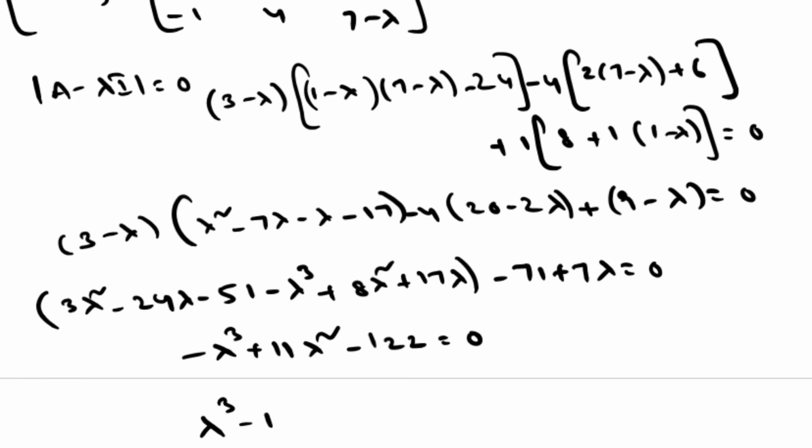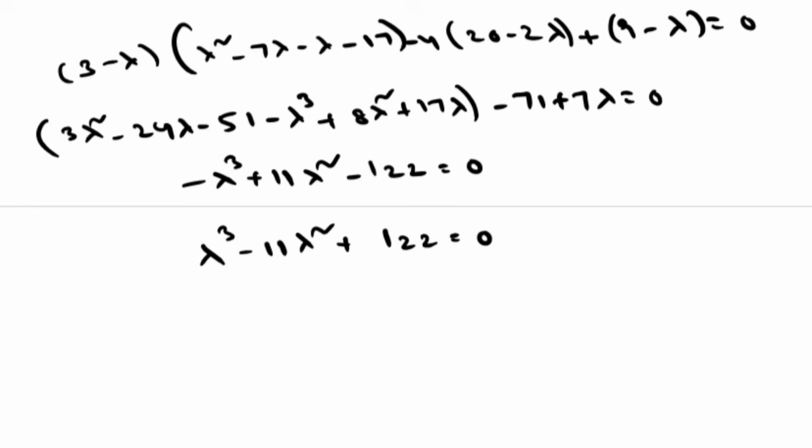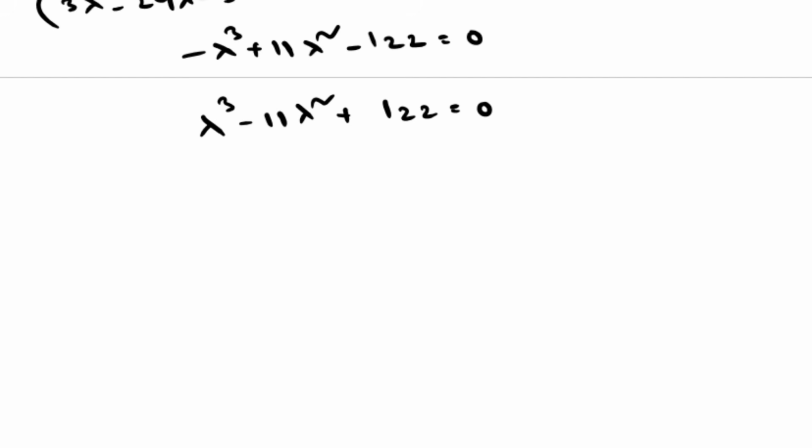Therefore, lambda cube minus 11 lambda square plus 122 is equal to 0. So, by substituting lambda equals to A, this will be A cube minus 11A square plus 122 I is equal to 0.